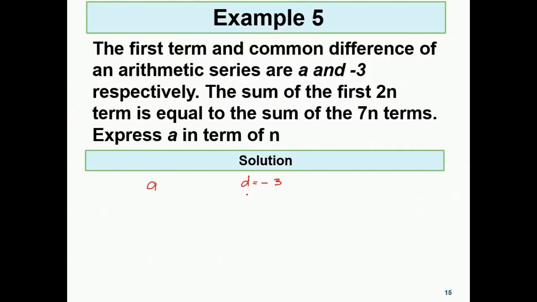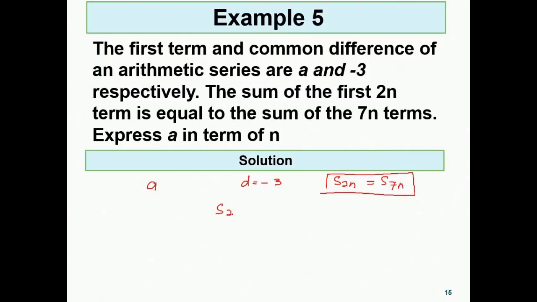The sum of the first 2n terms is equal to the sum of the first 7n terms. So we are going to use this relation to get a in terms of n.